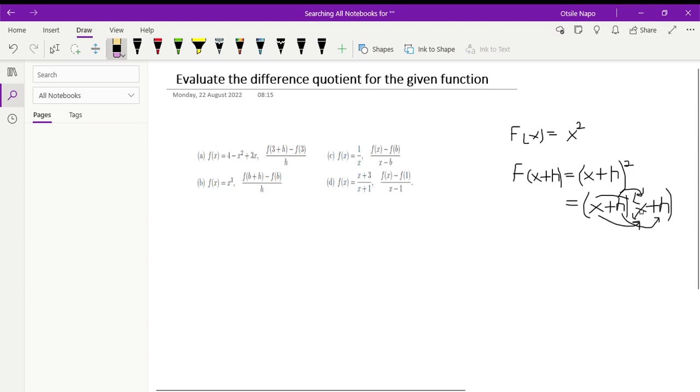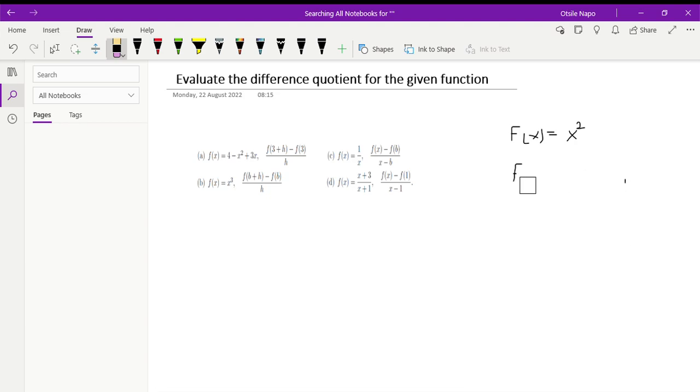So in this case we are having this. Knowing the same rules, we will use the same rules in solving these given functions.